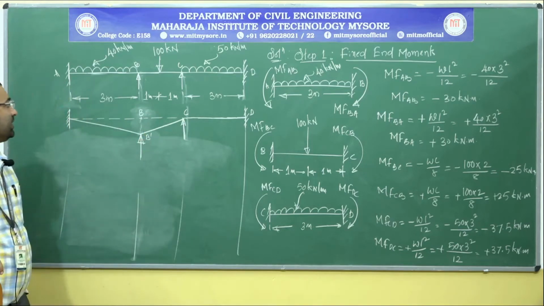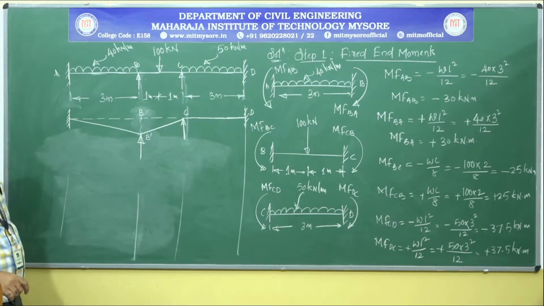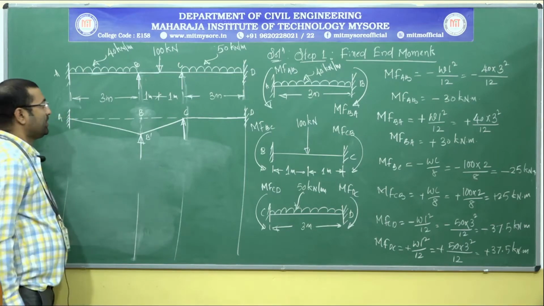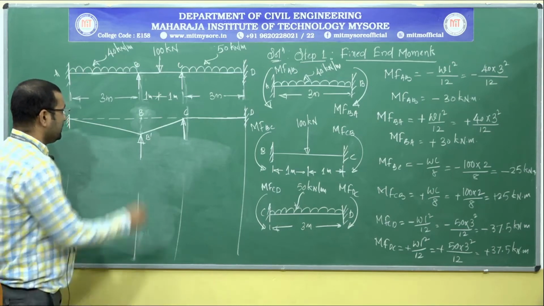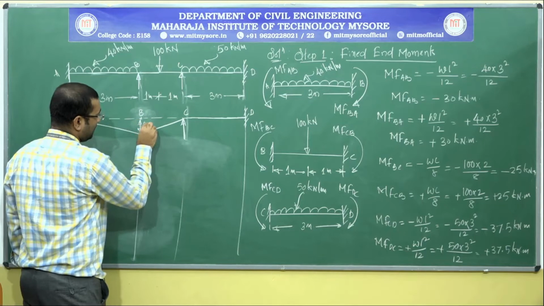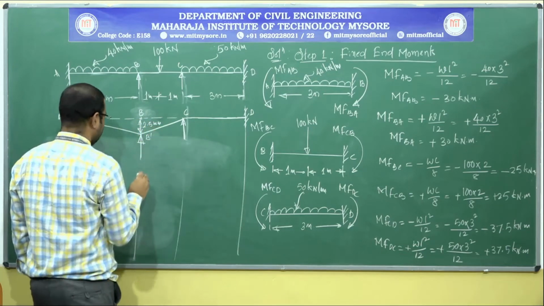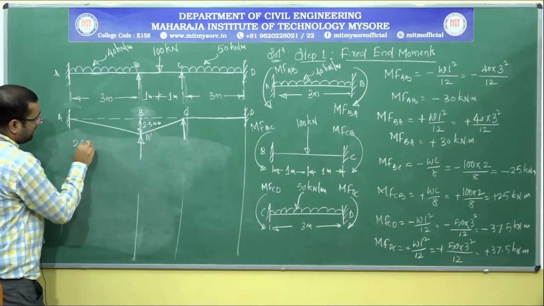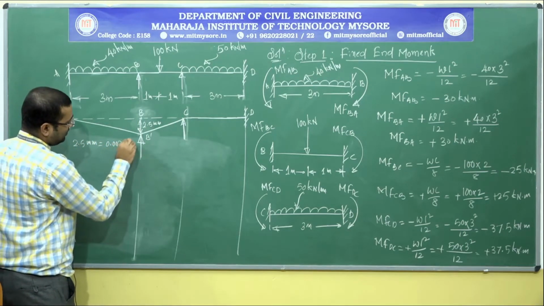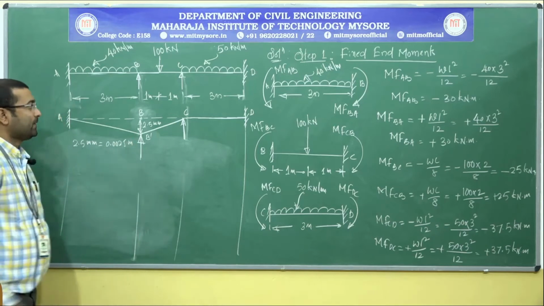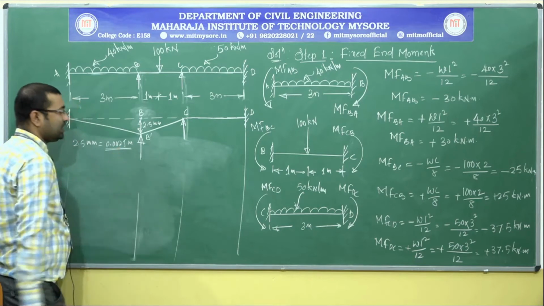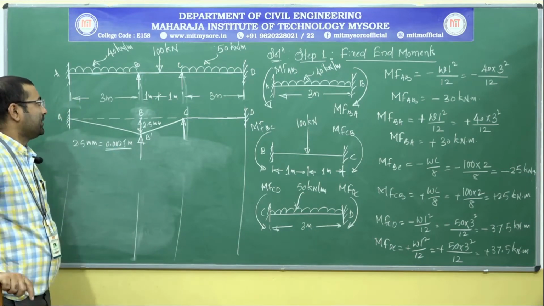B dash is the new position, that is the position of the support B after sinking. Now this total sinking is 2.5 millimeter, which is nothing but 0.0025 meters. Okay. So this is the value for the deflection or the sinking.